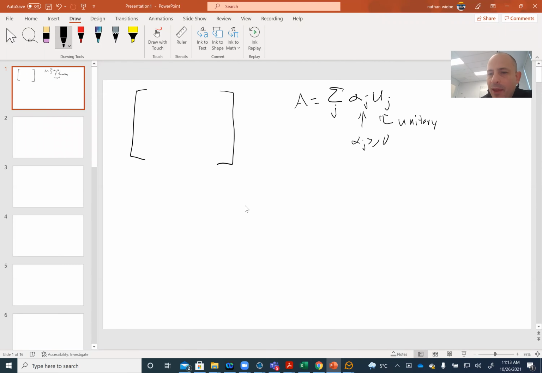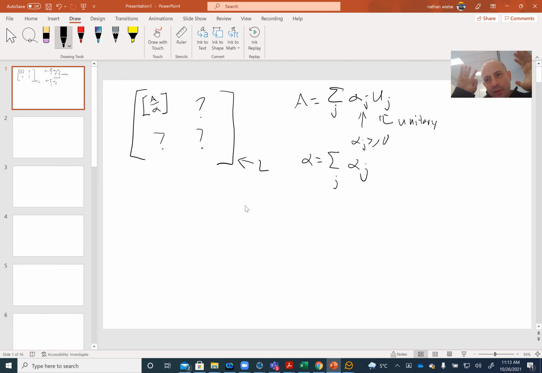And this method ends up giving us a way to build a larger unitary, let's call this unitary L, such that in the upper left block of this block matrix we encode A over alpha, where alpha is defined to be the sum over j of alpha_j.